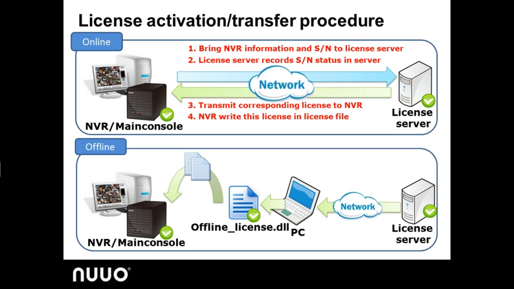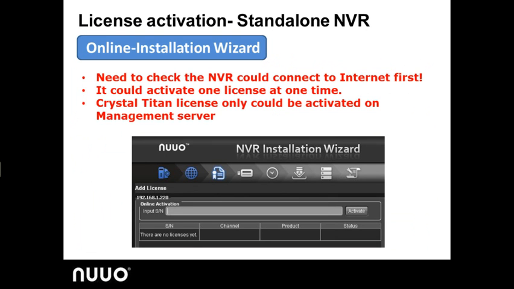Well, after understanding the procedure of license activation and transfer, we are going to explain the details of the operation. For a standalone NVR, you are able to activate a license online through the installation wizard and the NVR web. Before doing online activation, please ensure that the NVR is connected to the internet.